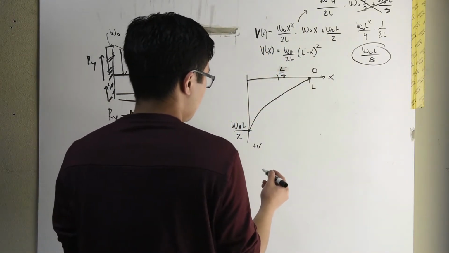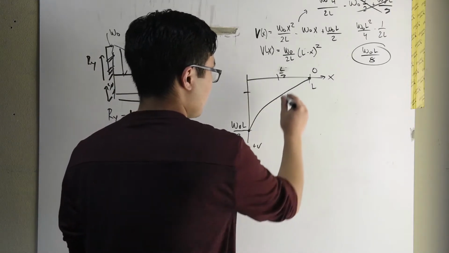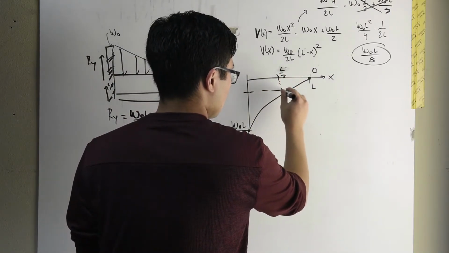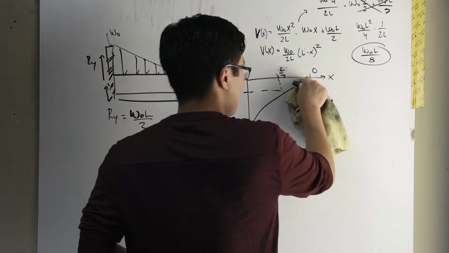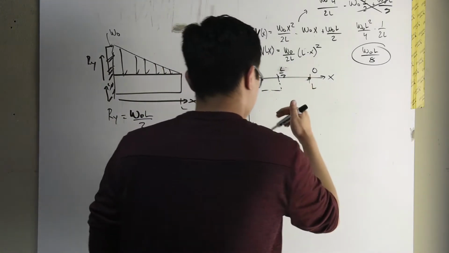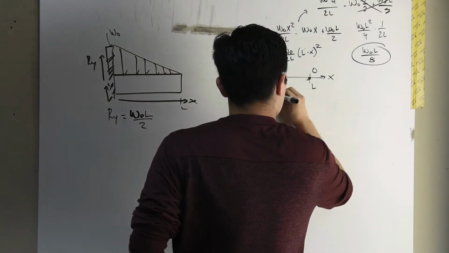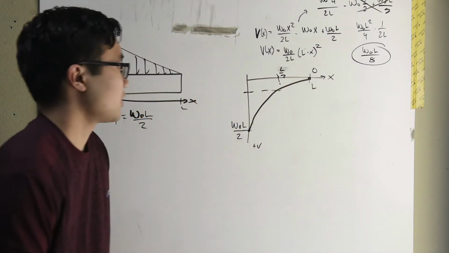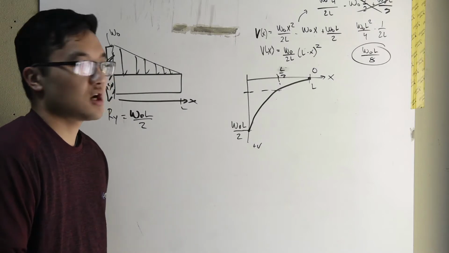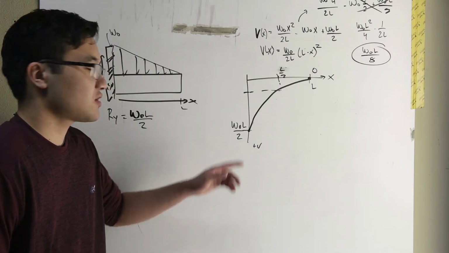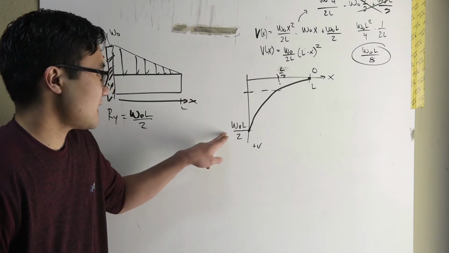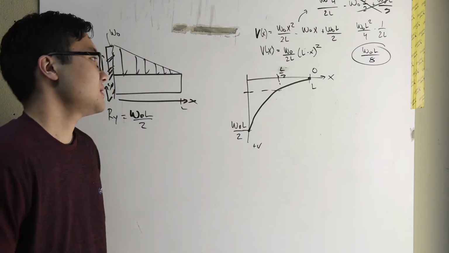So that's going to be about here. So my curve should be a little steeper, more like that. So you can solve for that third point if you want to, but typically, again, we're more concerned with what the max is, and we've just proven that the max happens at the wall.